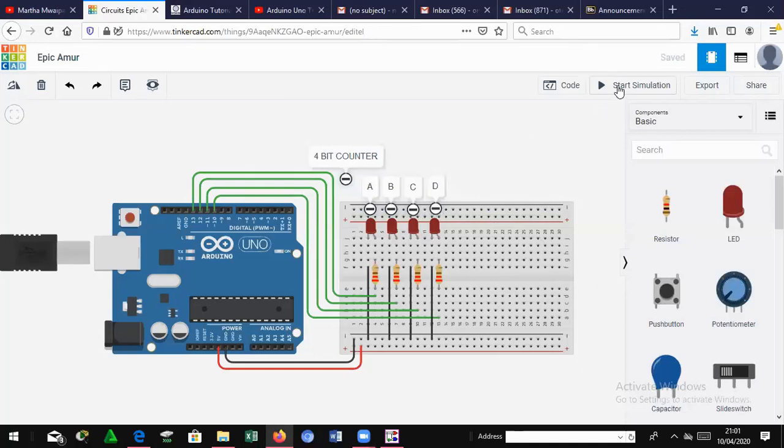And I will start the counting. So this is 1, 2, 3, 4, 5, 6, 7, 8, 9, 10, 11, 12, 13, 14, 15.